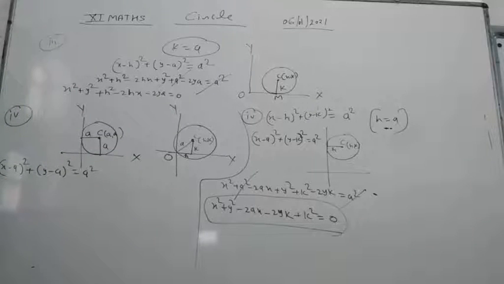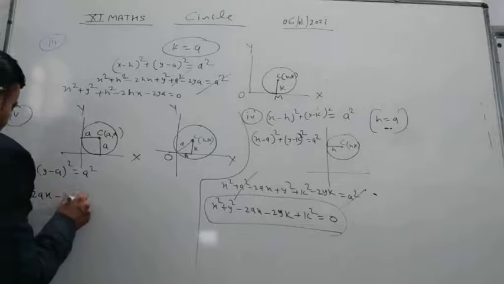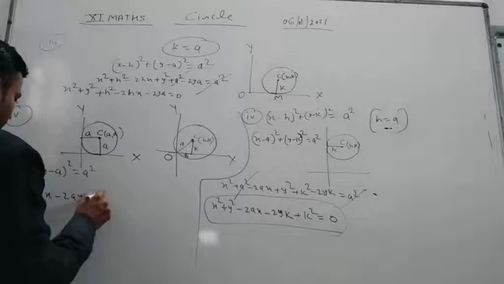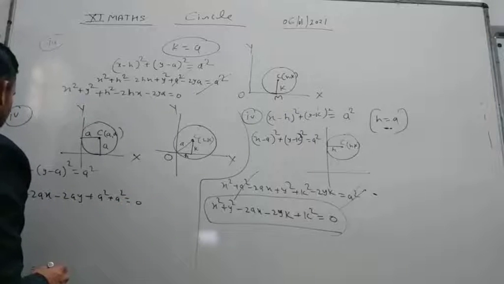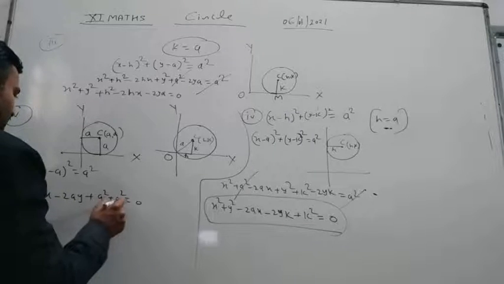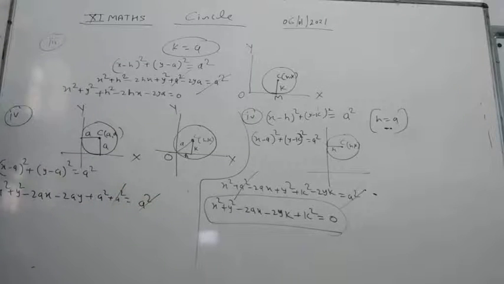Okay, student. In this case, our equation of circle will be x square plus y square minus 2ax minus 2ay, and here a square plus a square, which is equal to 0. Sorry, here is a square. So one part is cancelled, student, and one part will remain.